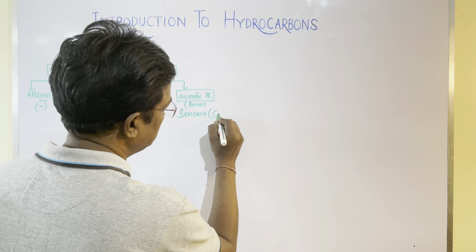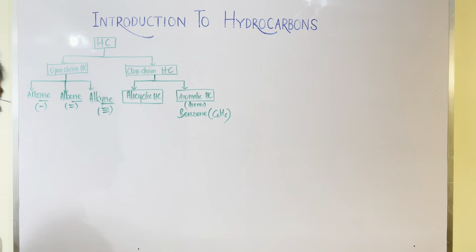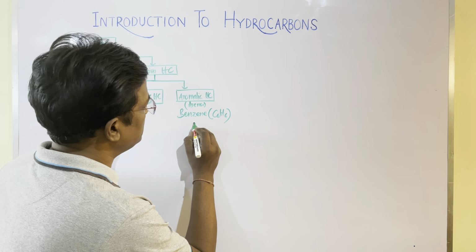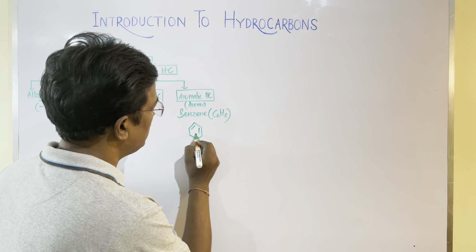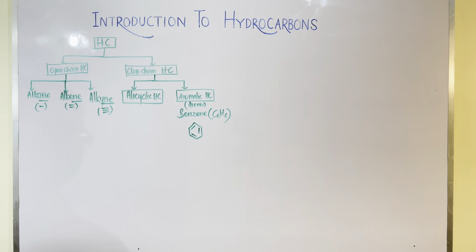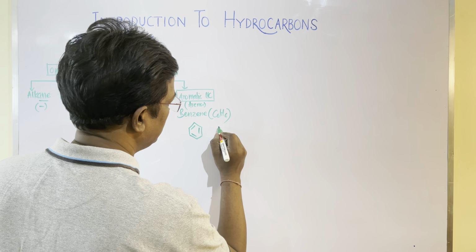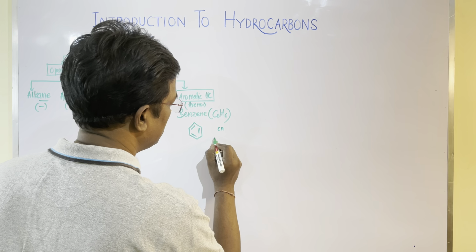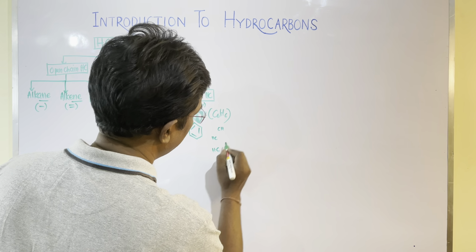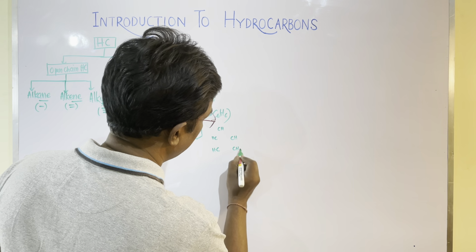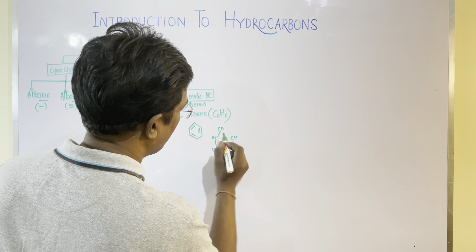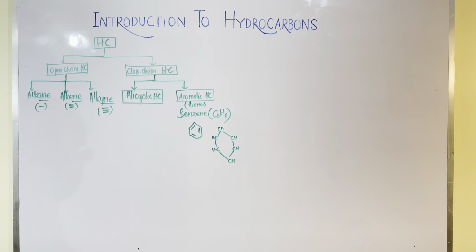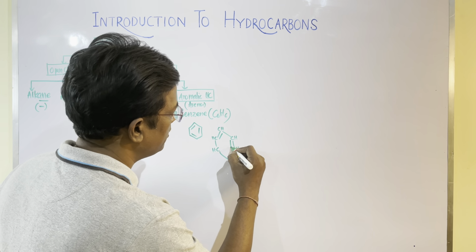The formula of benzene is C6H6 and the structure of benzene is hexagonal with alternate single and double bonds. Join them. This is your single and double bond.